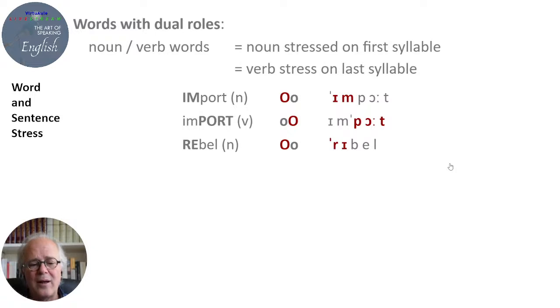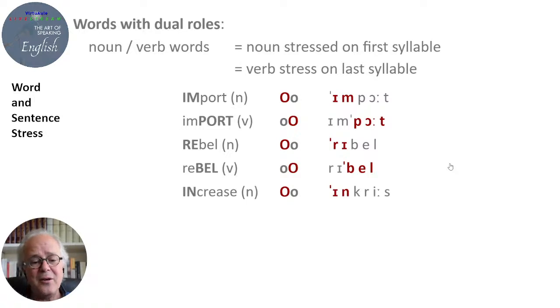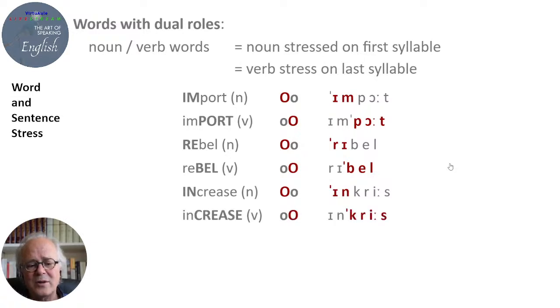Rebel as a noun, we have the stress on the first syllable, and rebel as a verb on the second syllable. So you see the word changes very strongly because of the stress. Increase, I need an increase in my salary, but I wasn't increasing my abilities.